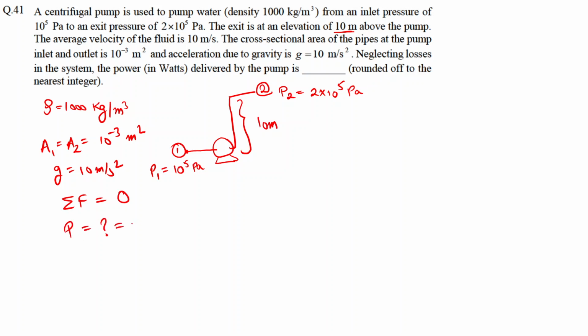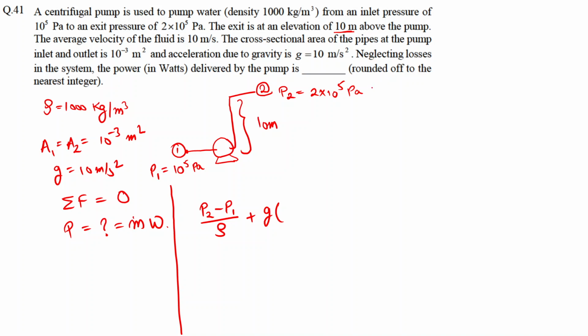And power we usually write it as mass flow times of work done by the pump. So over here we can write the mechanical energy balance over this system. That is, we can write the Bernoulli's equation for this system, and then we can find the desired terms. So if we consider these 2 points 2 and 1, for that we can write (P2 minus P1) upon rho plus g.